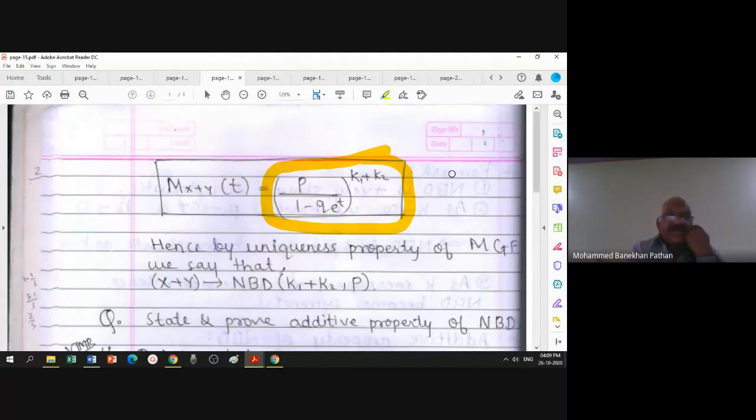So easily I can say, if you have such an MGF, my variable under study, X plus Y, will follow NBD with parameter k1 plus k2 and second parameter p. Why am I saying this? Let us go to the previous page.